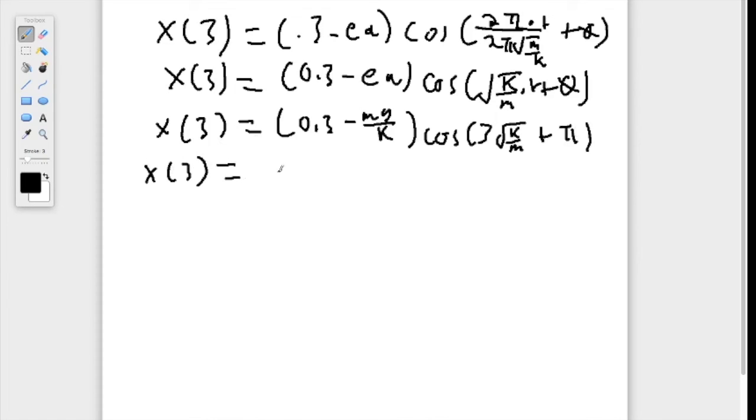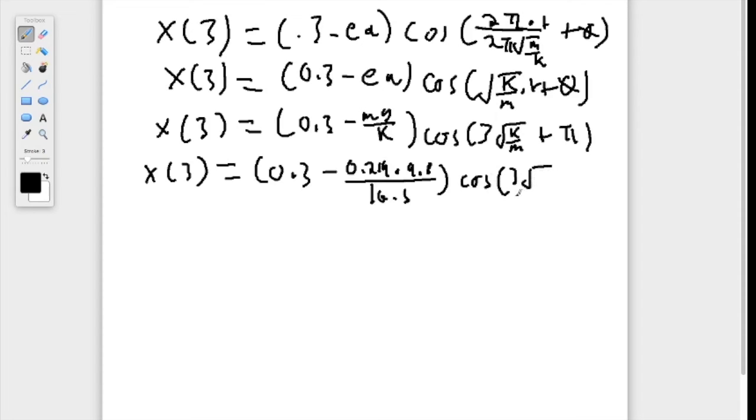So x of 3 equals 0.3 minus the mass, 0.219 times 9.8, and also 9.8 meters per second squared. So again, need units to match. So over 16.5, and then times cosine of 3 radical 16.5 over 0.219, and then plus pi.